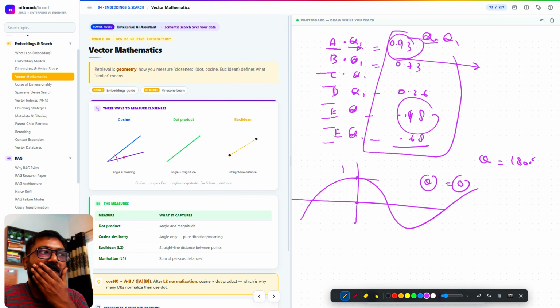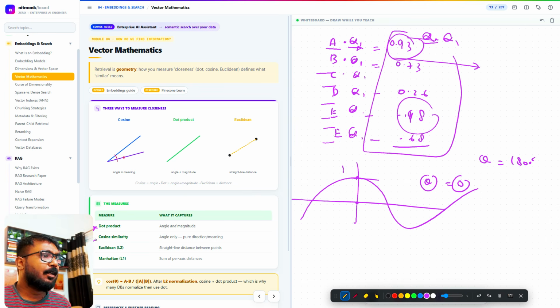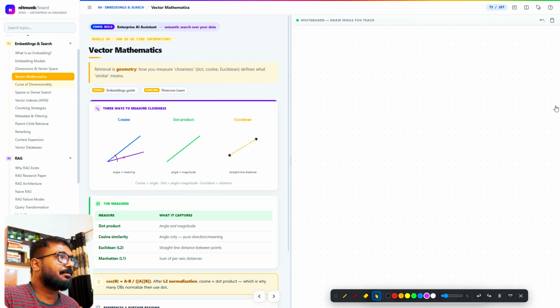That is how you understand these. So the measures that matter are dot product, cosine similarity, Euclidean distance, and Manhattan L1, the sum of per-axis distance, which is also important for figuring out the similarity between two vectors.